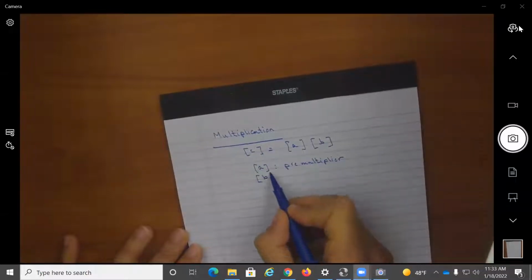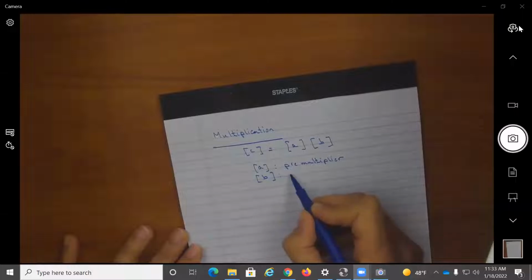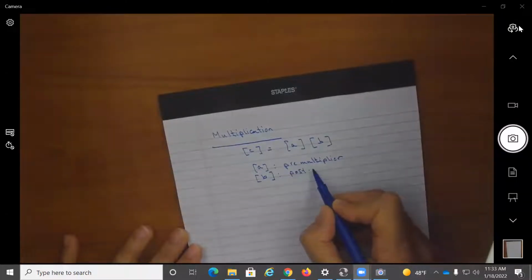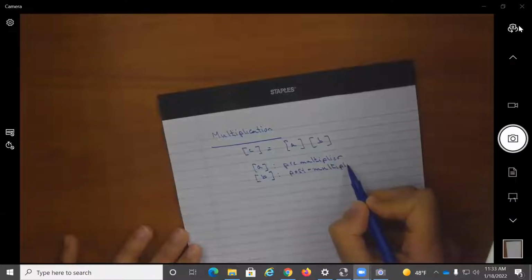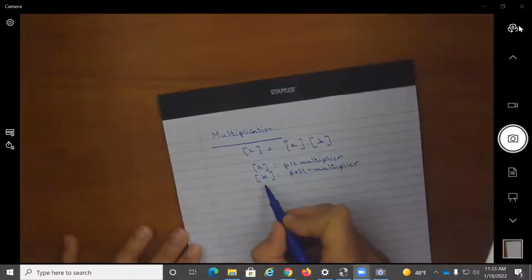B is the post-multiplier. And C is the product.